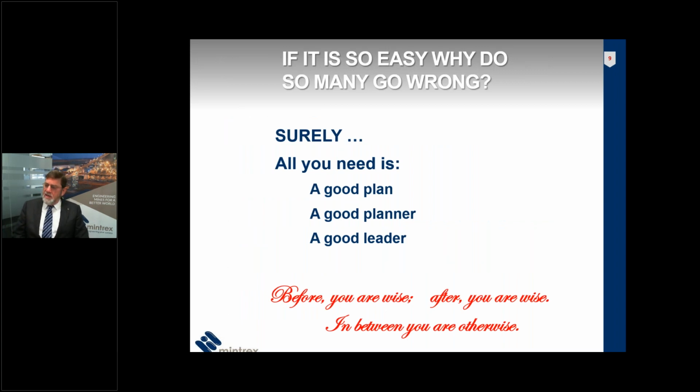Hindsight is a fantastic thing. Afterwards, we're surrounded by experts, and it's useful to think about hindsight, because one of the things that can help you with projects is to encourage critical peer review.